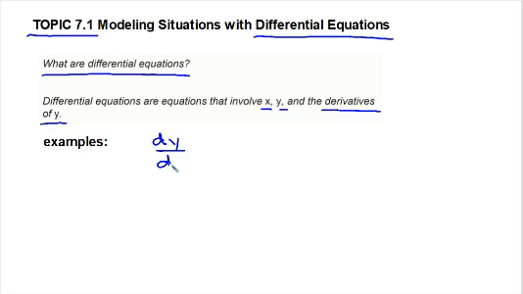dy/dx equals x squared y squared. That's a possible example of a differential equation. Notice one of the giveaways to a differential equation is this right here. When you see that dy/dx, you're thinking this could be some type of differential equation.